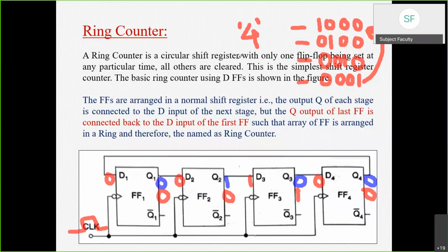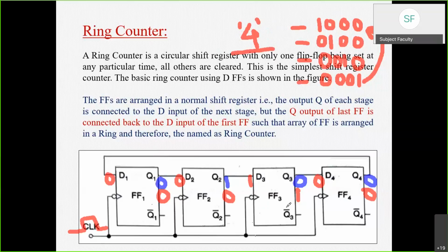Now one point you should remember, that the mod of the counter will always equal the number of flip-flops you have used in the ring counter. If there are only 3 flip-flops, then the mod of the ring counter will be 3. Okay, in case of synchronous.